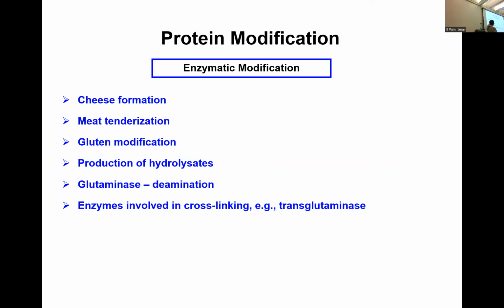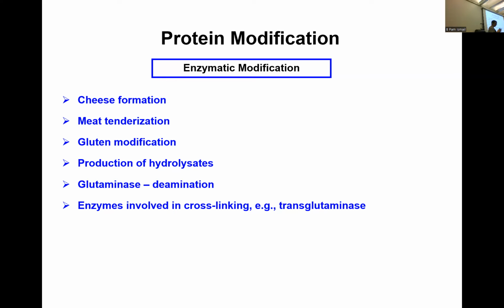Meat tenderization is a hydrolysis process where you add something to the meat. What do you add to the meat? Bromelain, papain. Yeah, what happens is it hydrolyzes the protein a little bit and causes tenderness in your steak. Gluten modification is also a hydrolysis.